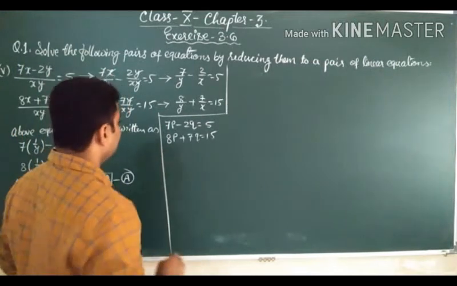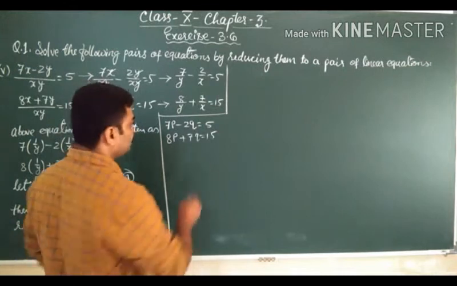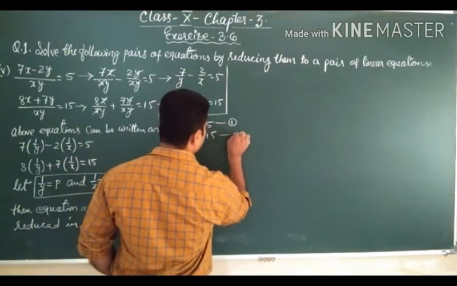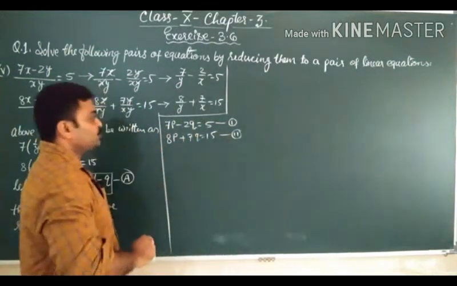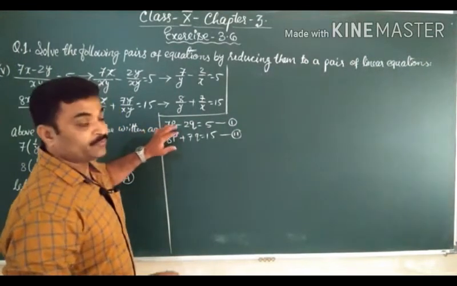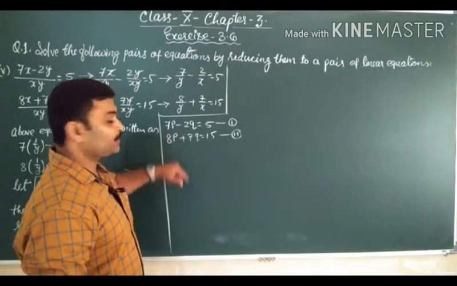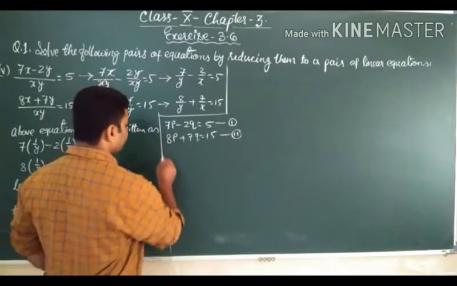Clear? Now we will solve these two equations by the elimination method. Call them equation 1 and equation 2. See students, if we multiply equation 1 by 8 and equation 2 by 7, then what will happen?